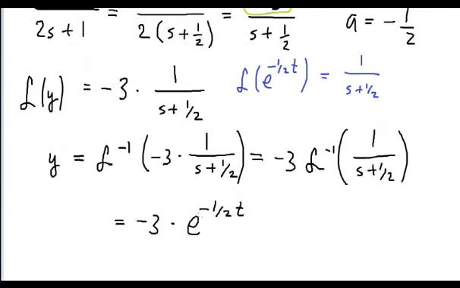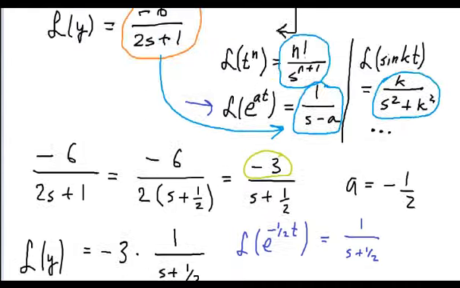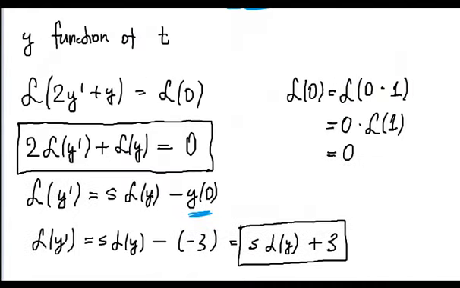Let us now double check that the answer we got is indeed right. How do we do that? Well, first of all, let's remember the answer we got. It's this one, that y is equal to minus 3 times e to the power minus a half times t. And then we go back to the equation.